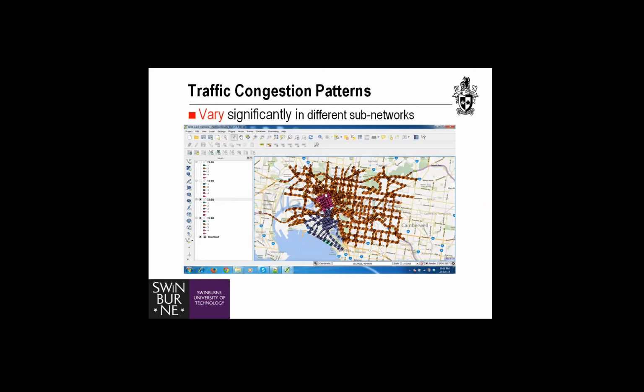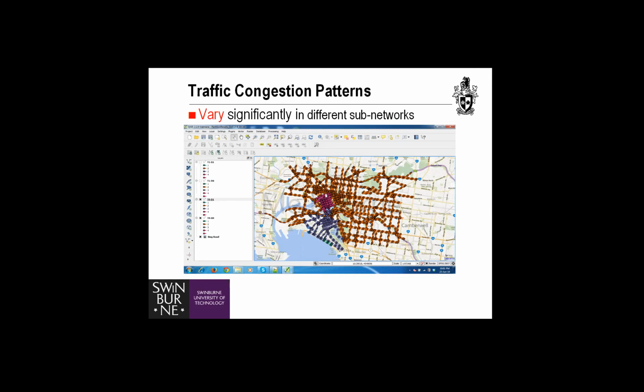The pattern that we generally see is that this congestion keeps on moving over a period of time. In the morning, congestion starts forming in the outer areas and keeps moving towards the city center during the day.